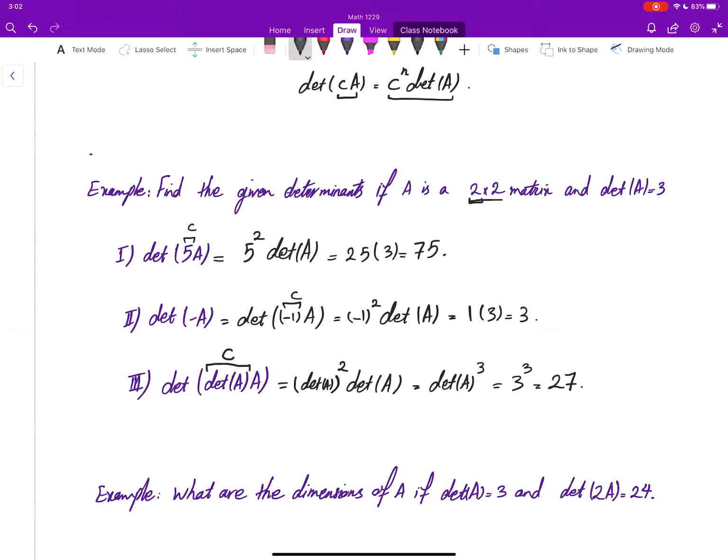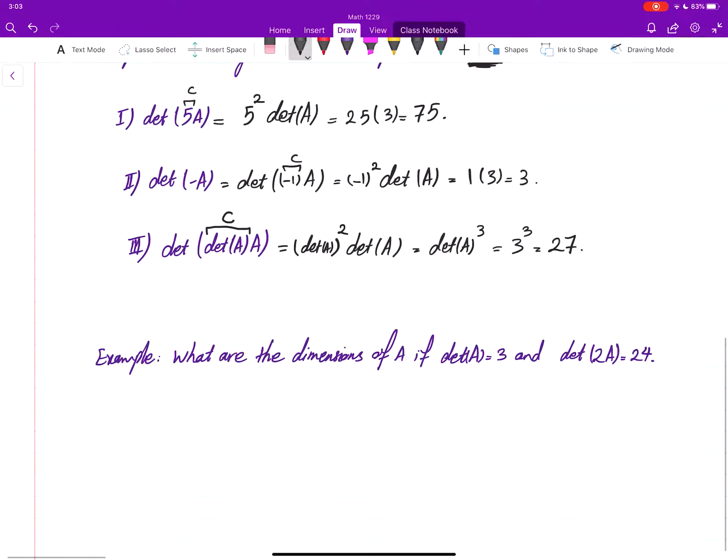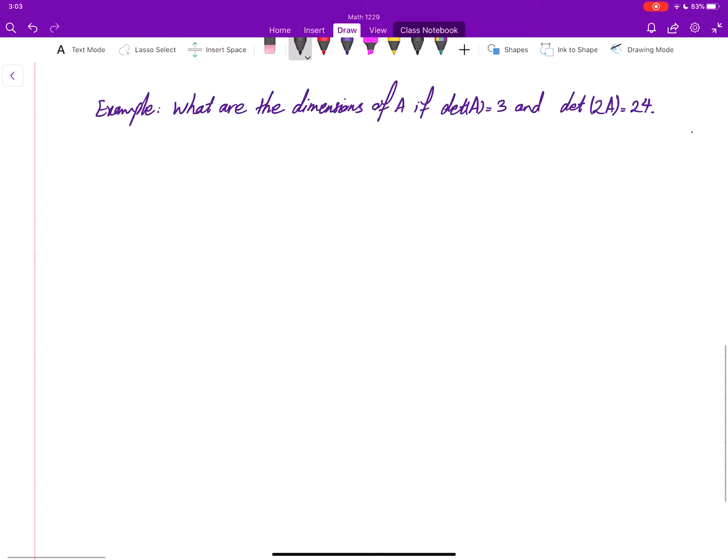Without knowing the dimension of the matrix, you cannot say what the determinant of 5A is just by knowing the determinant of A. You need to know what that n is, otherwise the formula doesn't work. And that brings us to the next and last example. If you know how the determinant changes under scalar multiplication, you might be able to find the dimensions of the matrix. Here, the determinant of A is 3, and the determinant of 2A is 24.